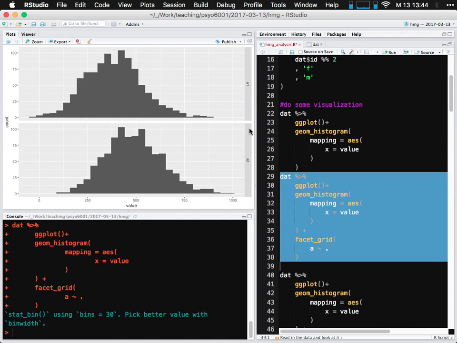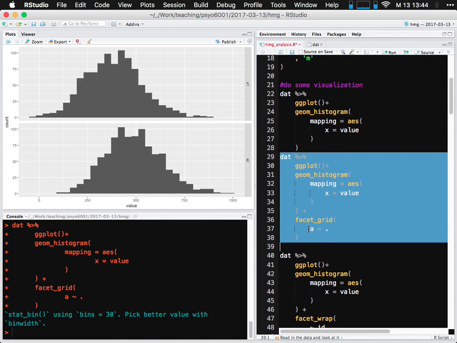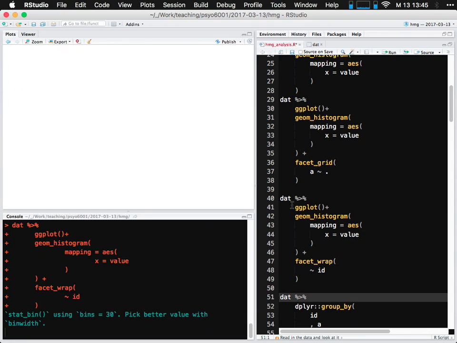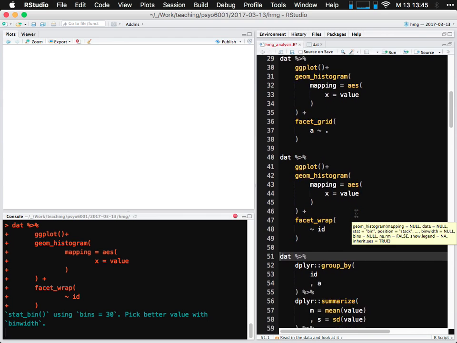We've got two conditions, A1 and A2, and a bunch of observations per person in both of those. We can look at the distribution of observations across people, not differentiating A1 and A2, and this will eventually come up with a plot.